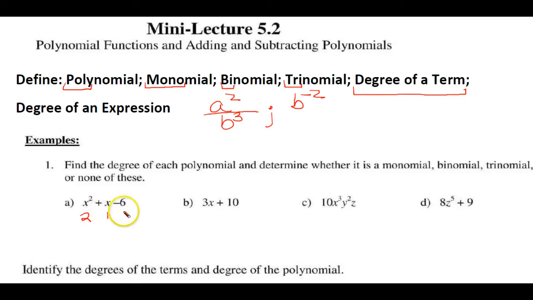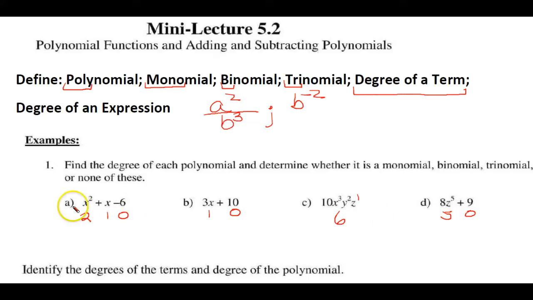The degree of this is 0. Here this is 1. This is 0. Now here there's just one term, but the degree of this one term is the sum of the exponents. And keep in mind there's a 3, a 2, and a 1, so the degree of this term is 6. This one is 5, and this one is 0. So I've placed the degree of the terms under the terms in the expression.